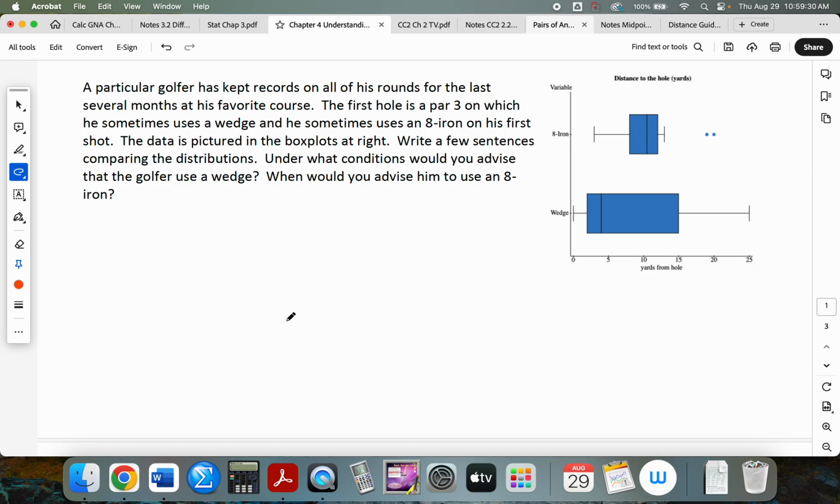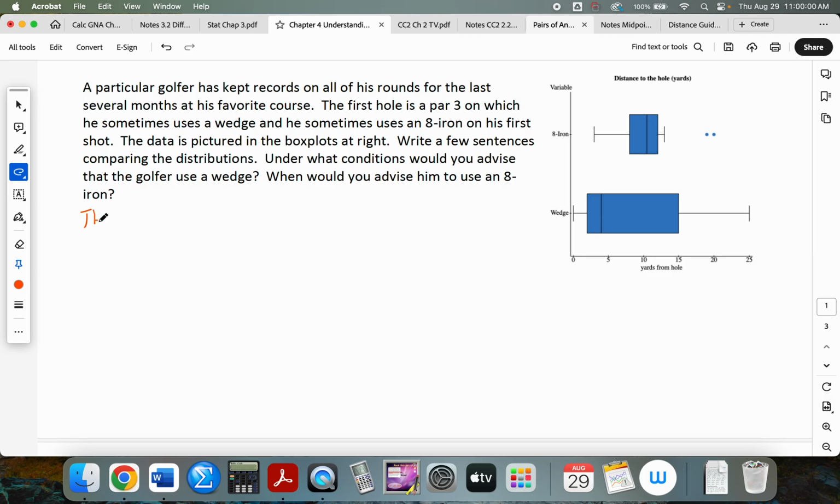All right, so let's talk about this. So shape, it's really hard to see if something is unimodal or not on this, right? What is easy to see is that if this is the middle and you've got all this data over here, so it's skewed to the right.